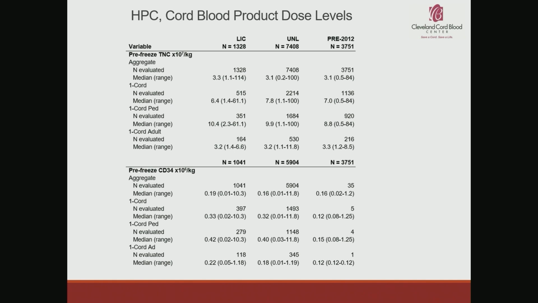What we find in general is that with the licensed units, the range of the products infused is smaller. So it's more standardized product delivery in that sense. This is where you can see that underlined for the licensed product.